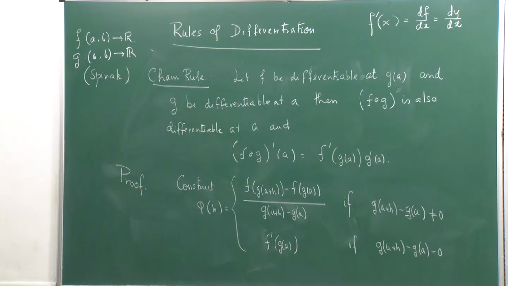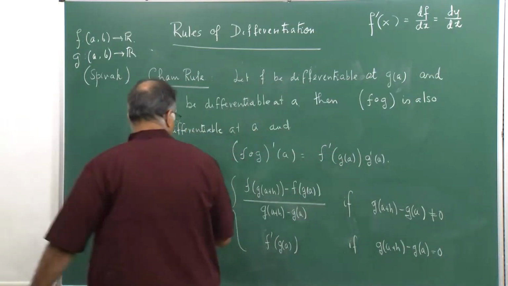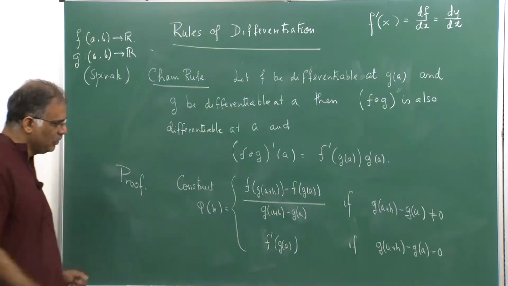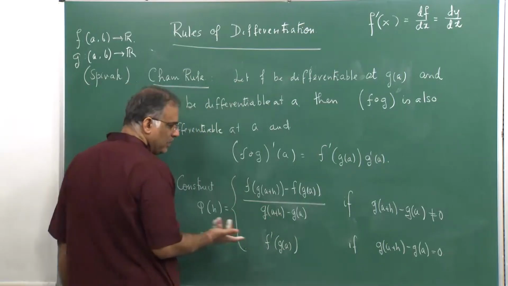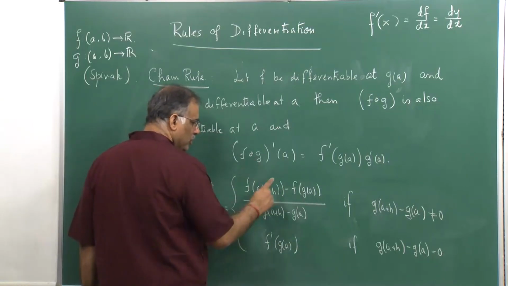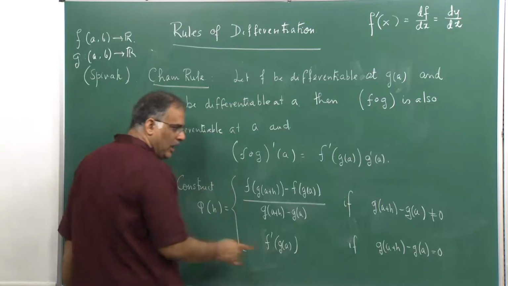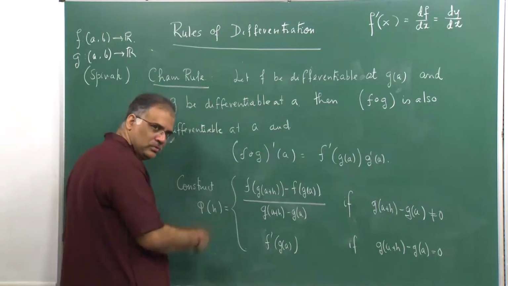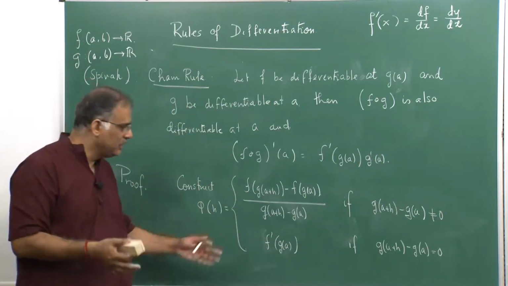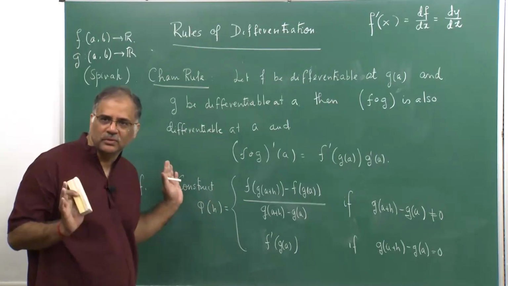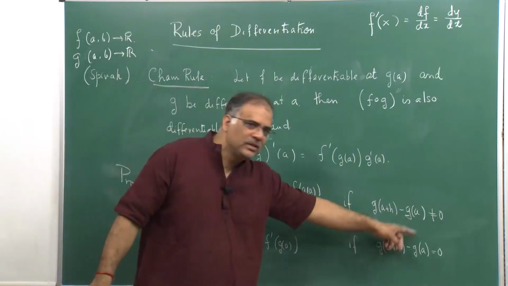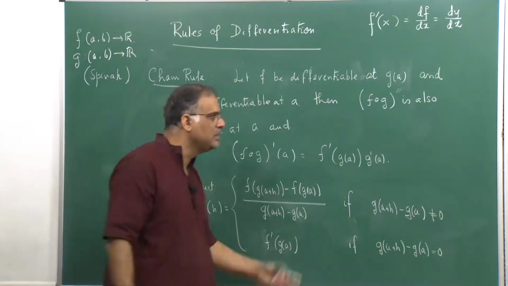So, you can figure out, because if h goes to 0 it does not matter if h is not equal to 0, and if h goes to 0 this is nothing but f dash g(a), and if this is 0 it does not matter, and if this continues to remain 0 then also the limit is nothing but f dash g(a). So, this is nothing but phi of 0. So, whenever h is 0 this is 0. So, you will always have this. So, phi is continuous at 0.